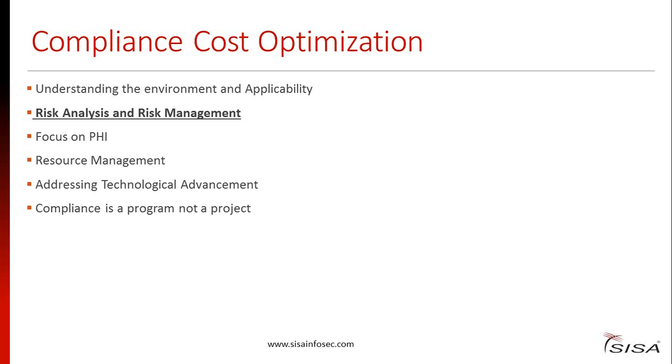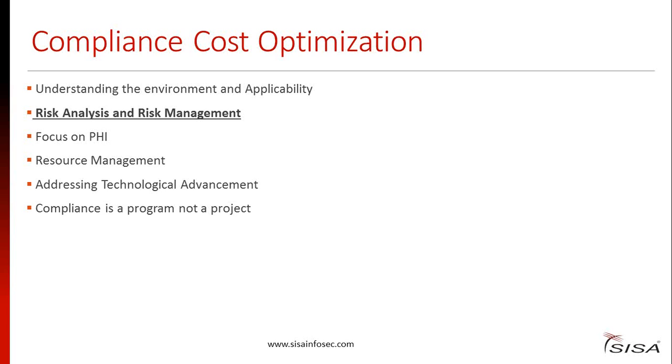Then risk analysis and risk management. We discussed that risk analysis can help you to prioritize where to invest first and which particular areas have to be invested in. Next, a very critical point that people generally miss: when it comes to compliance, they think about protecting everything and they forget the core part of it.